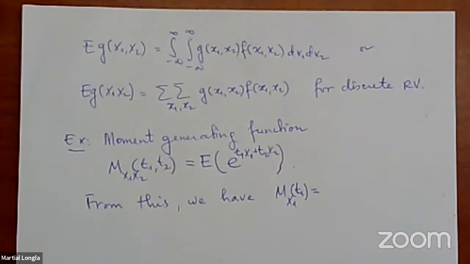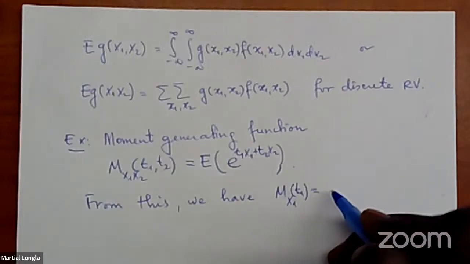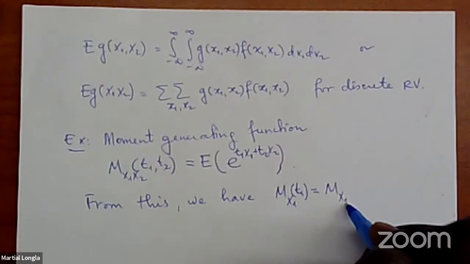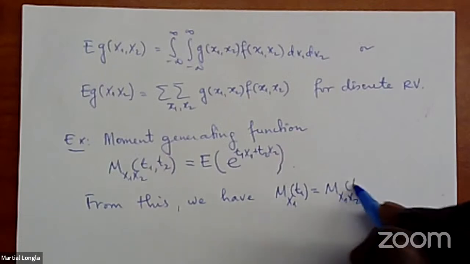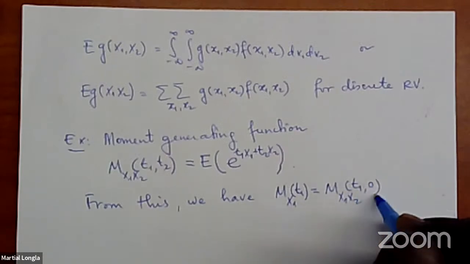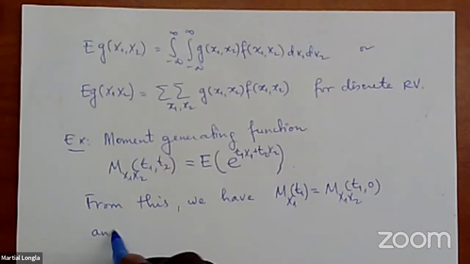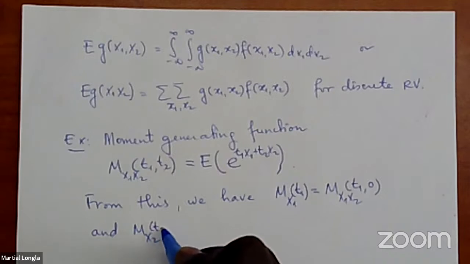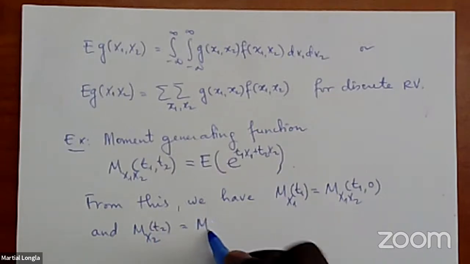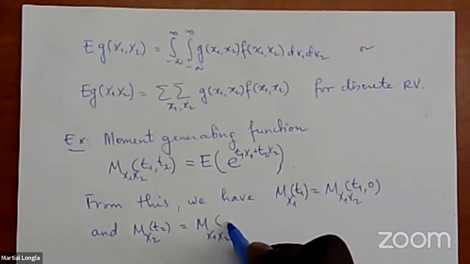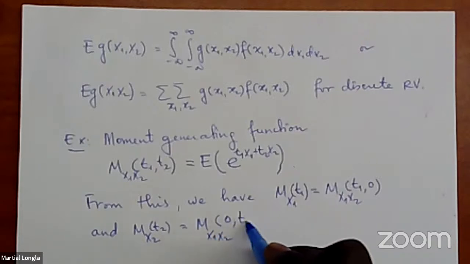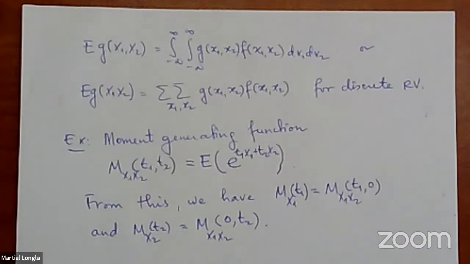You just plug in 0 to get the moment generating function of x1. And you get the moment generating function of x2 the same way by setting t1 equals 0. So when you do this, you get the moment generating functions of x1 and x2 separately.